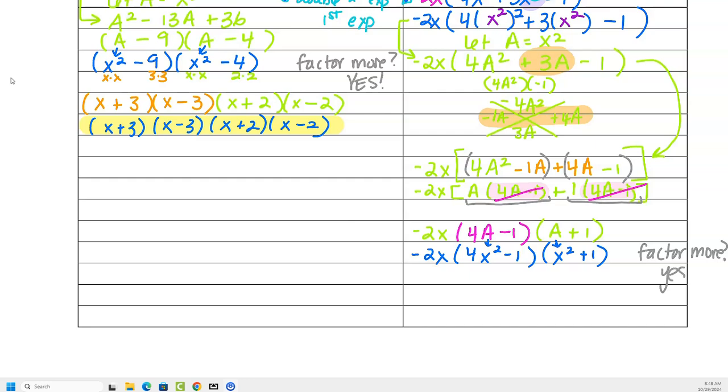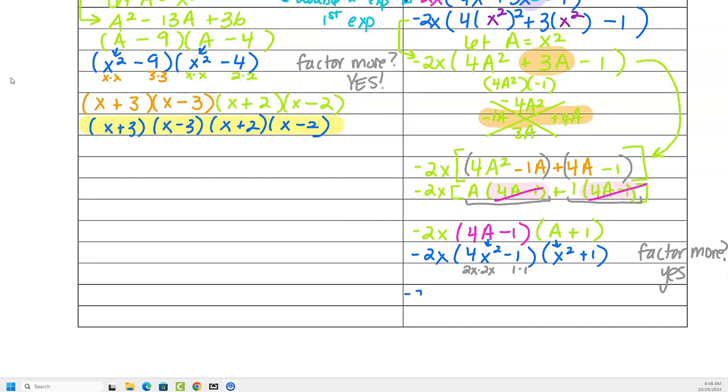And one of them does factor. The x squared plus 1 does not factor, but that 4x squared minus 1, did you guys notice that it's a perfect square here? 2x times 2x and 1 times 1.